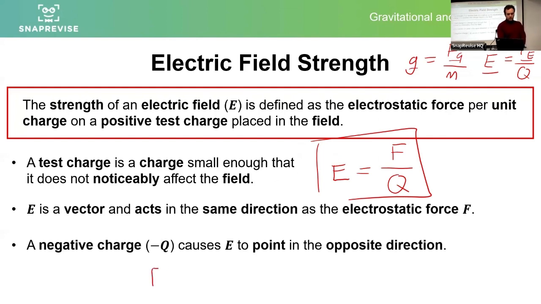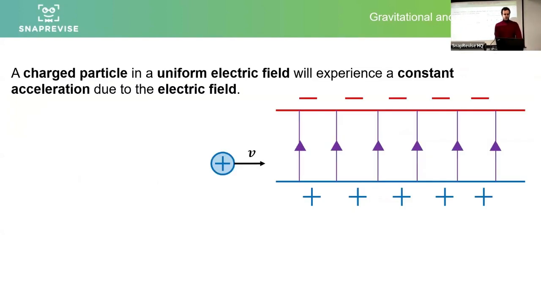And if we have E equals F over minus e, for example an electron, then we'll end up with a vector that is pointing in the opposite direction to F. Sorry, that is supposed to be F with a vector line underneath.